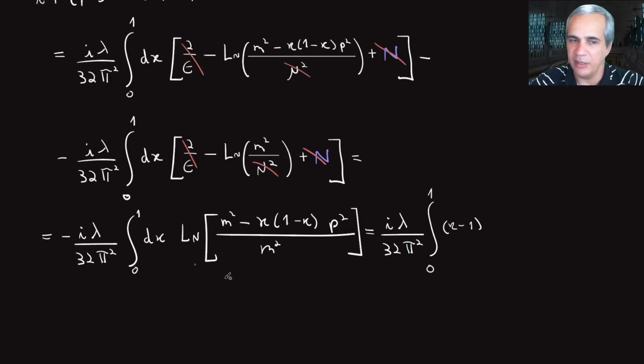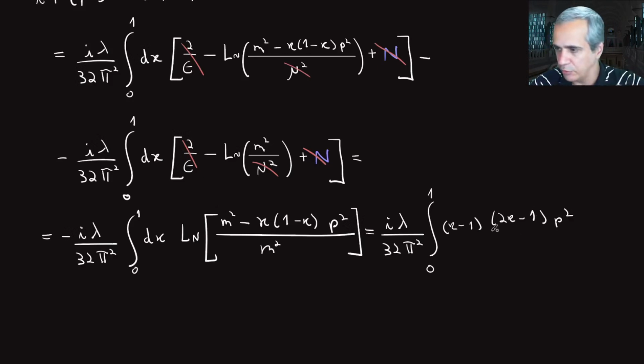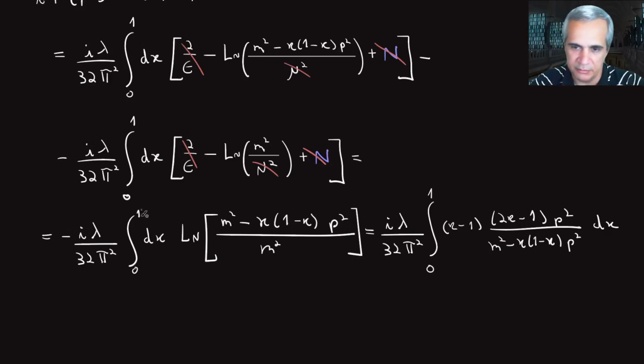And then the primitive of this one is just (2x minus 1) p squared over m squared minus x times (1 minus x) p squared, dx. And actually the terms at the edges here are just zeros, so there's only this piece. Now that I did an integration by parts here, you can try that and check.